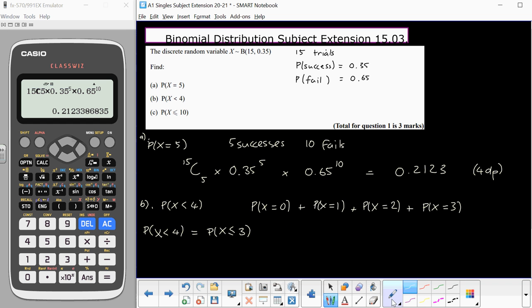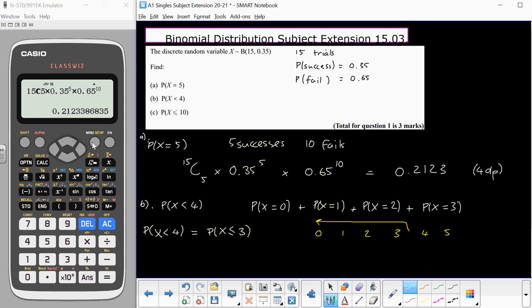Now I hope you can see how that works. If I have my numbers on my number line, 2, 3, 4, 5, and I know I'm interested in all of the numbers less than 4, then I must rewrite the question as the probability of x less than or equal to 3.